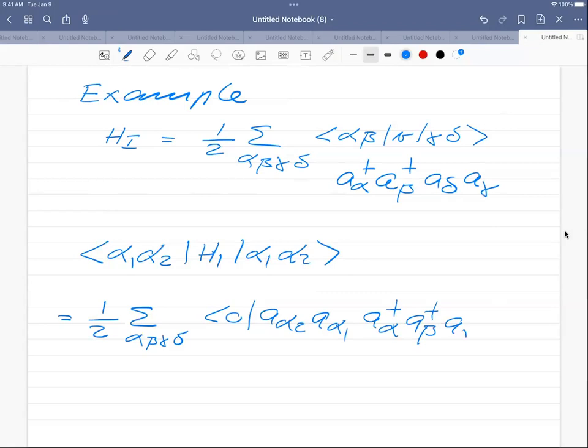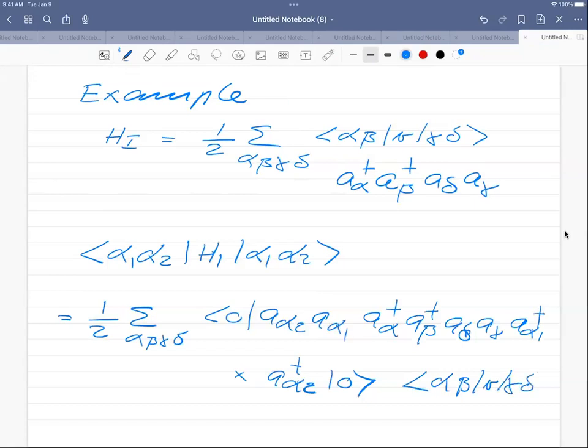And I have my delta and my gamma. And then an A alpha 1 dagger. Now I need to go to the next line. So I have an A alpha 2 dagger acting on the vacuum state. And this is multiplied with this integral, which is something which we just tabulate.